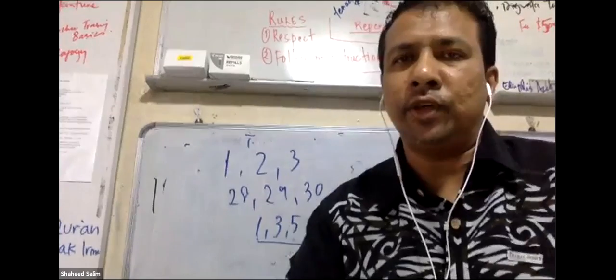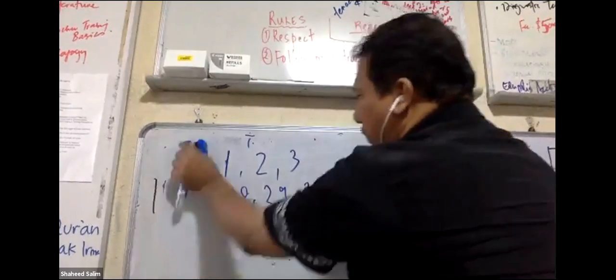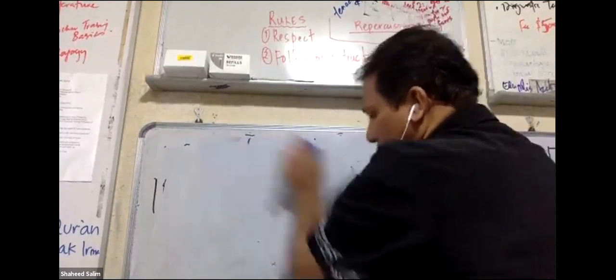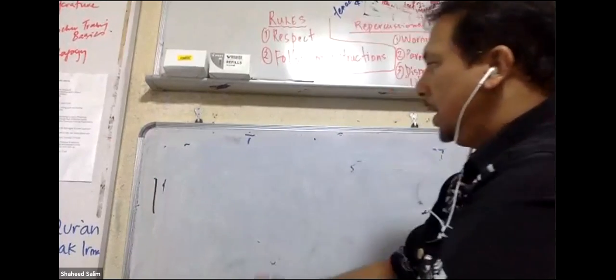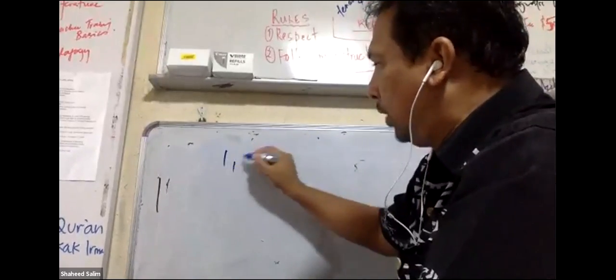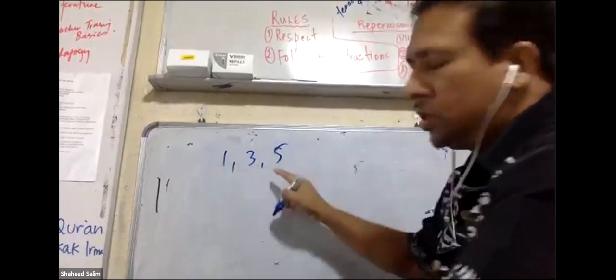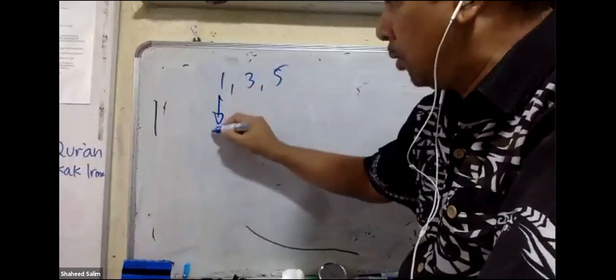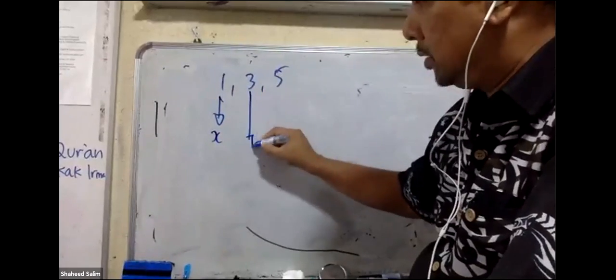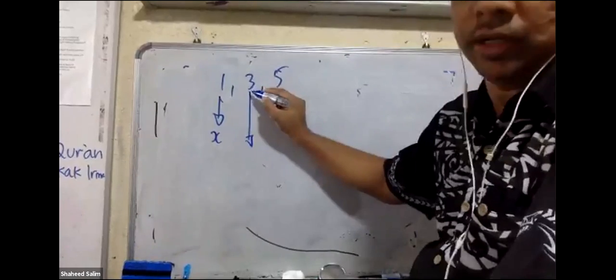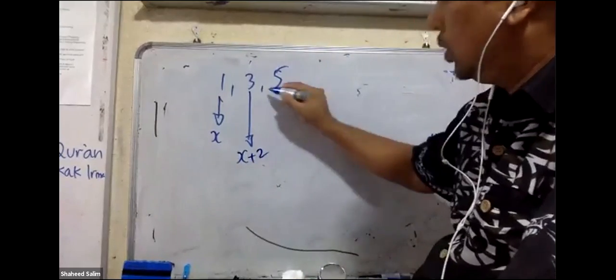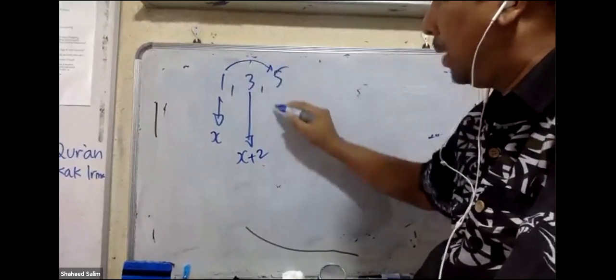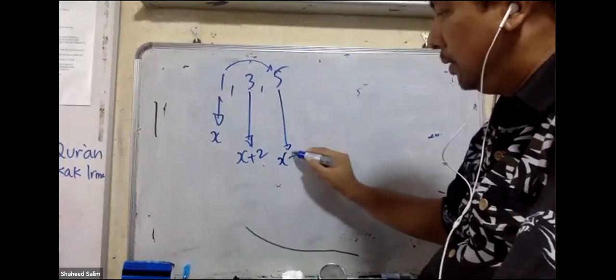If the first one is X, let us look at the pattern here. Let's say I take 1, 3, 5, this is your example, right? So if the smallest number is X, what is this? This is 1 plus what equals 3? 2. So the next one is plus 2. From 1 to 5, it becomes X plus 4.